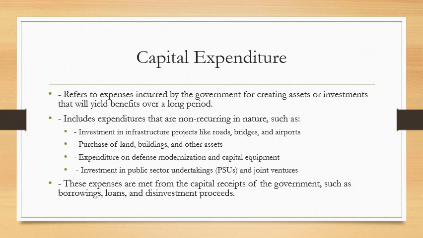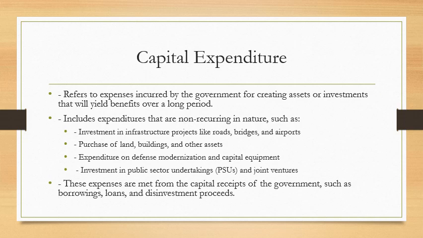This refers to all the expenditure incurred by the government for creating long-term assets, like building roads, starting public sector enterprises, expenditure on defense mobilizations, government buildings, purchase of land, and other creation of long-term assets.